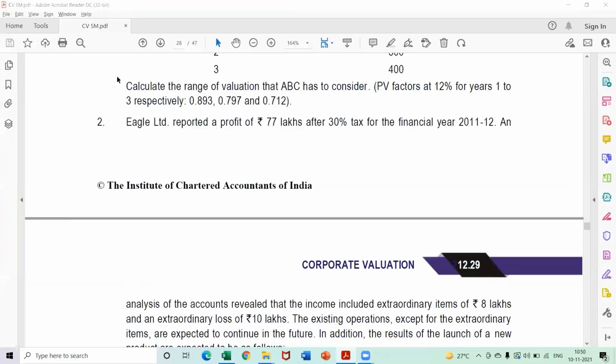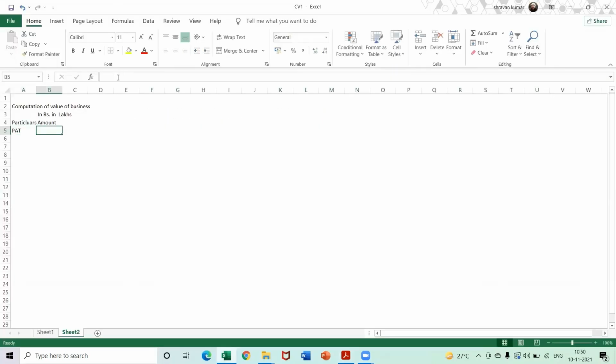First, what is given? PAT. Since the tax rate is 30%, your PBT will be PAT by 0.7, right? This is equal to this by 1 minus 0.3, right? So you got your PBT.